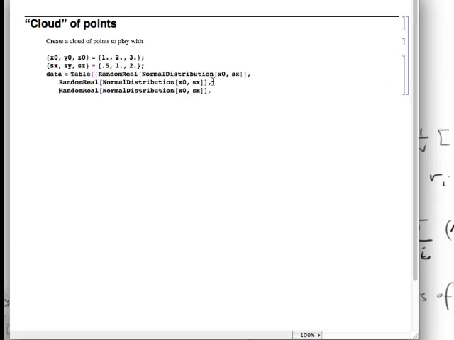So I want the x to be around x0 with width sx, I want the y to be around y0 with width sy, and I want the z to be around z0 with width sz, and let's make, I don't know, 10,000 of them.